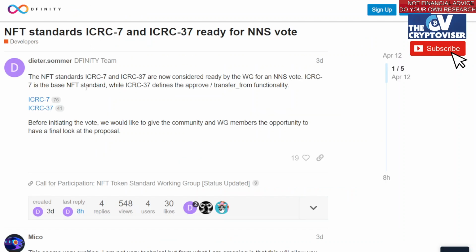This user said on the Dfinity forum that the NFT standards Internet Computer RC, ICRC-7 and ICRC-37, are now considered ready for an NNS vote. Proposal 7 is the base NFT standard, while proposal 37 defines the approve and transfer-from functionality.